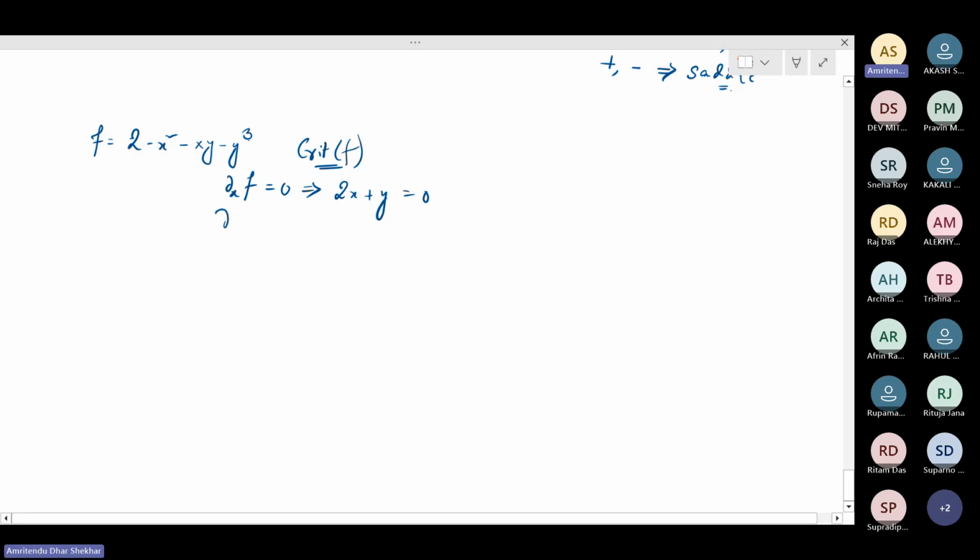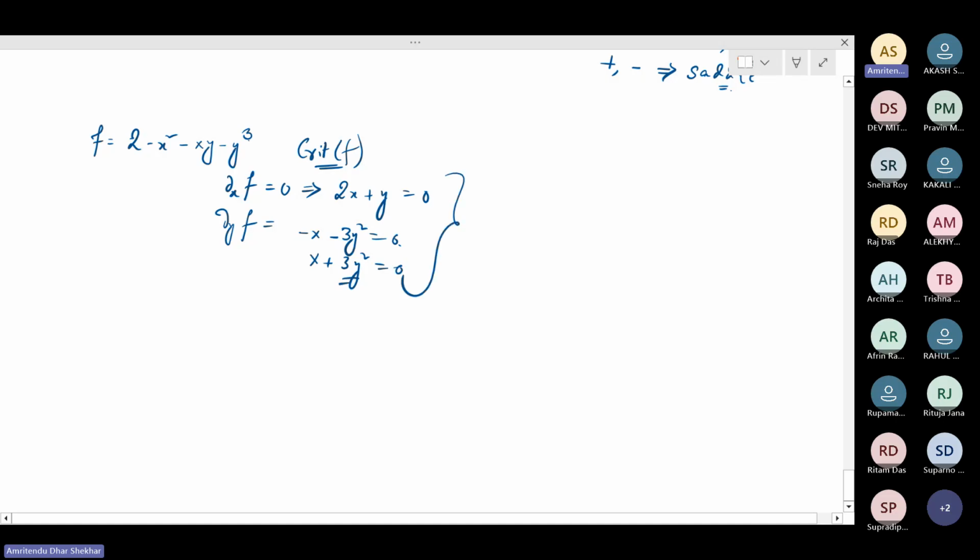Then you do del y of F, which is equal to minus x minus 3y squared equal to 0. So you solve x plus 3y squared is equal to 0.